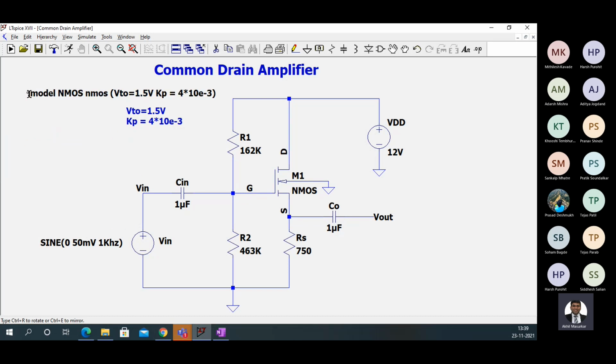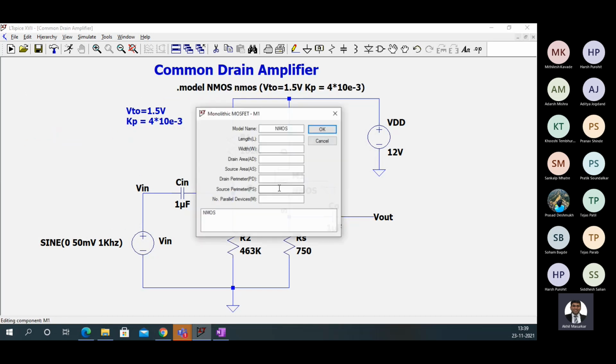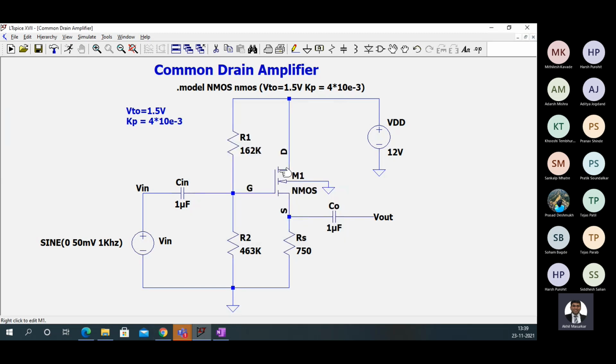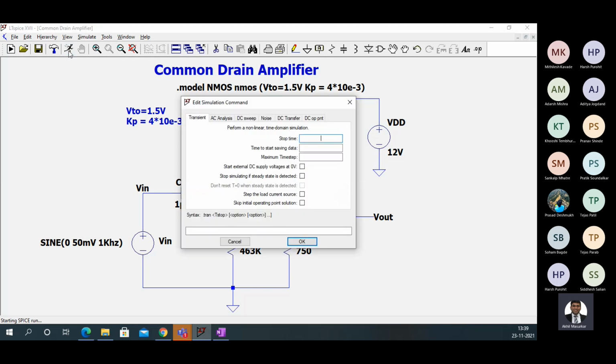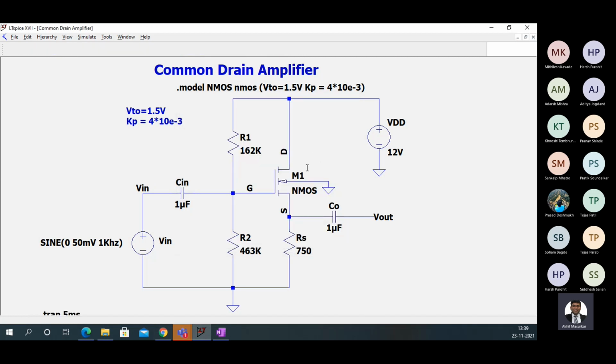This is the way to give the input, and like I told you, length has to be always half of width. So let's say 10 microns and this is 20 microns. Now let's simulate this for 5 milliseconds.